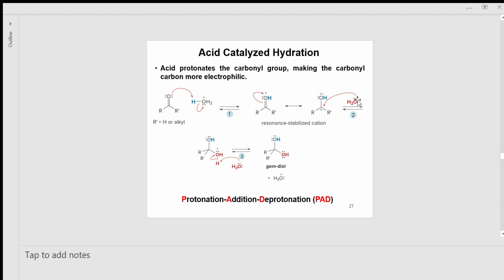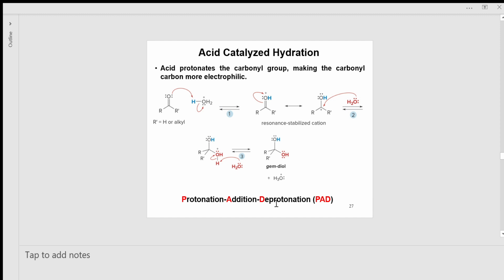So it's going to react with one of the two lone pairs of electrons in water to form an addition product. And in the next step, the oxygen has to figure out a way to get rid of its positive charge. Basically, water serves as a weak base to react with this strong acid to form the two hydroxyl groups here. And this is the acid catalyzed process of the hydration of either ketones or aldehydes.